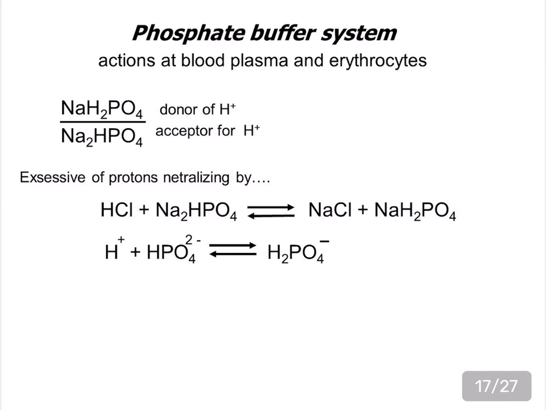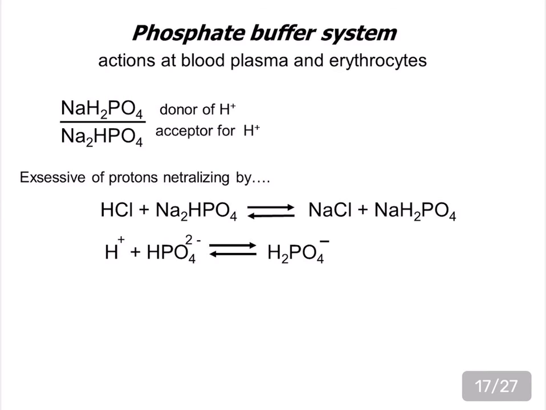It is represented by sodium dihydrophosphate and sodium hydrophosphate in plasma, and potassium dihydrophosphate and potassium hydrophosphate in red blood cells.